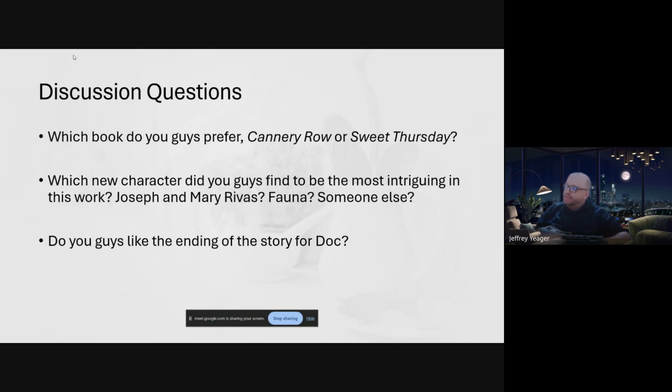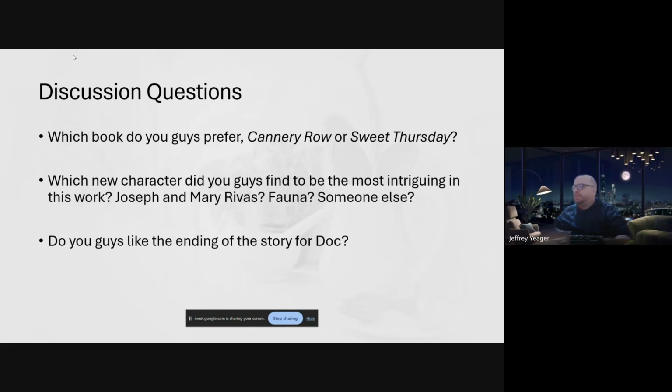Cannery Row, yeah. I mean, think back to that passage where Doc found the dead woman in the sea, right? That was a devastating passage. Doc's loneliness at the end of the book while they're throwing the party for him.